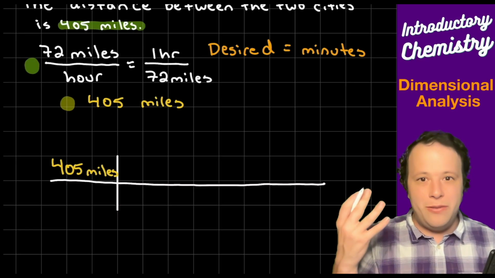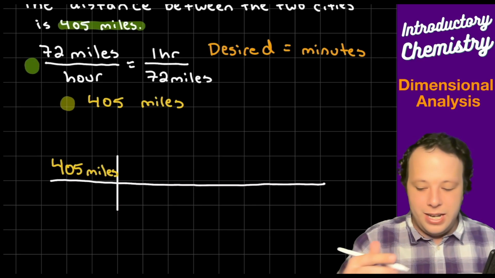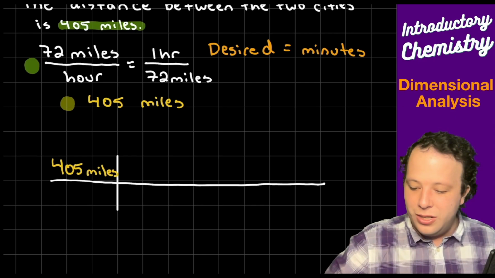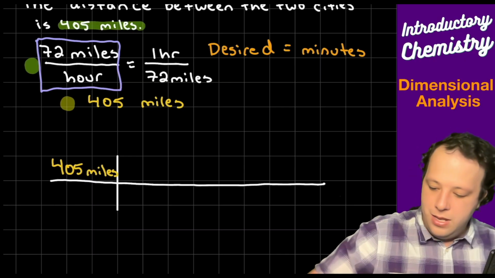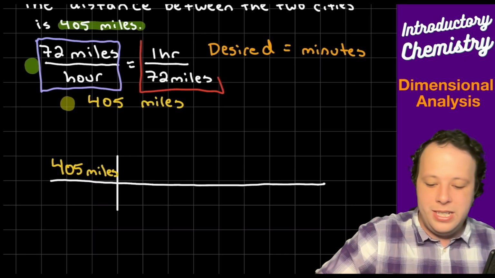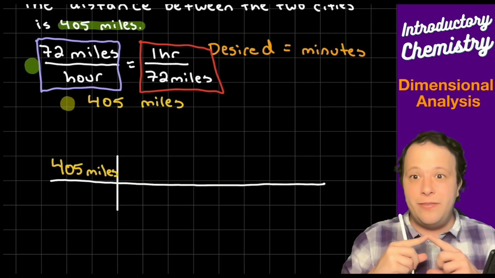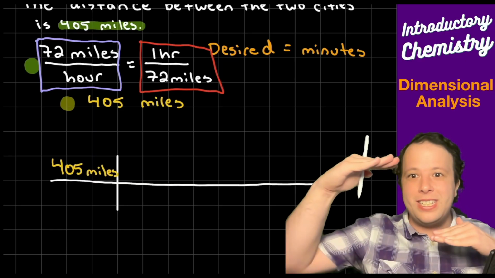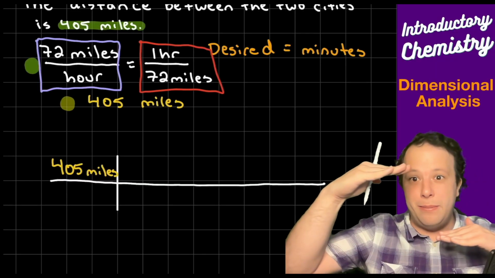So, okay, we have 405 miles. Now, how do we cancel out miles? Well, I had two different terms up top that I could use, the one on the left and the one on the right. Both of these are like puzzle pieces that you can fit into your puzzle a very specific way, because units need to be opposite of each other to cancel.